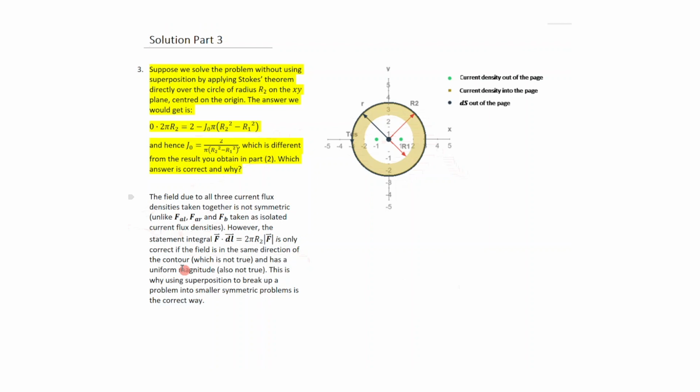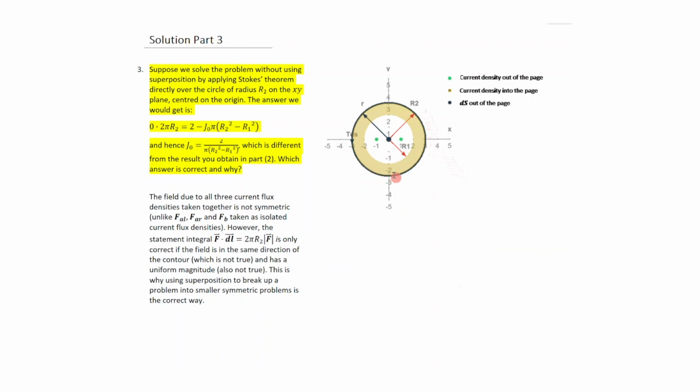If we draw a contour, the field will not always be pointing in the same direction, because each one of these current flux distributions will contribute to a field here. And those values will be changing as you move along the contour. So they can't possibly be pointing in the same direction.